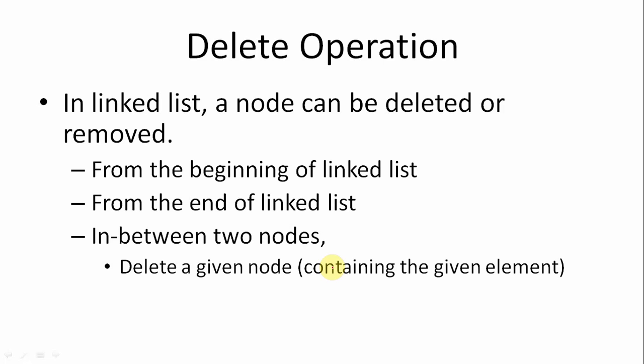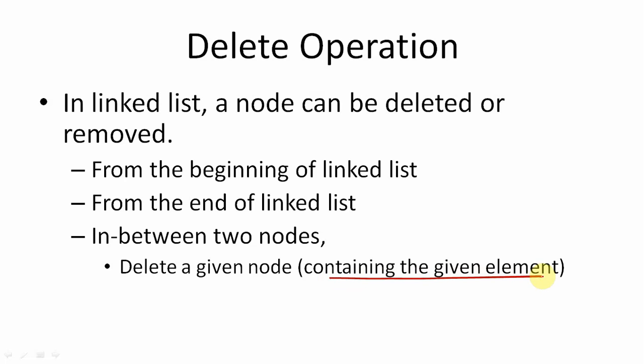The process of deleting is, to delete a node from a linked list, we have to change the next reference of the node which is just before the deleting node. Means again we have to keep the track of previous, so we will call it previous node.